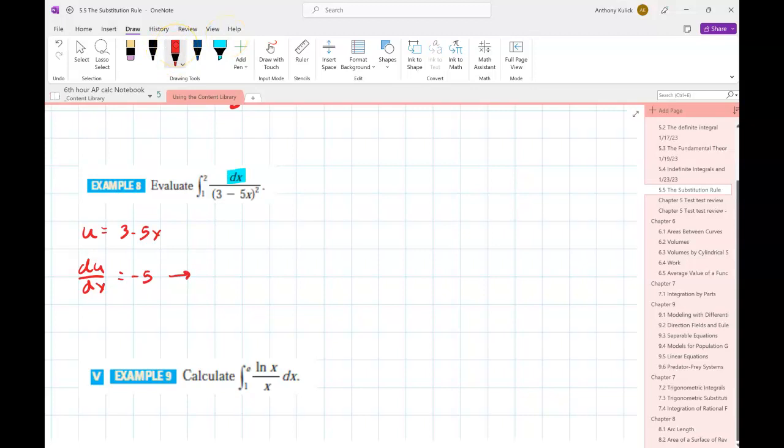So to get dx by itself, I'm going to have du over -5 is equal to dx. Okay, and then we have to find our new bounds. So 3 minus 5 is -2. 3 minus 10 is -7.